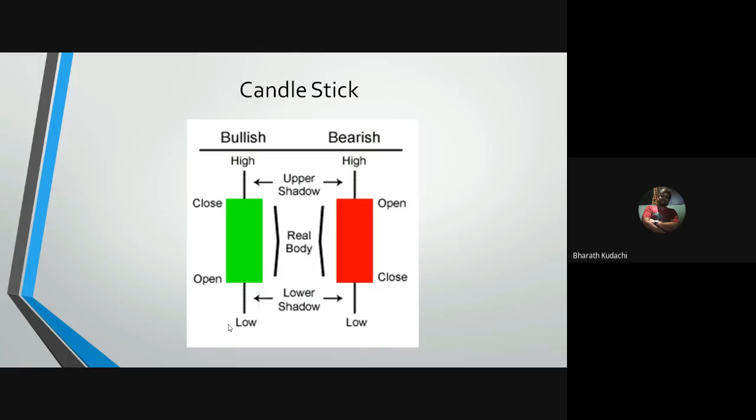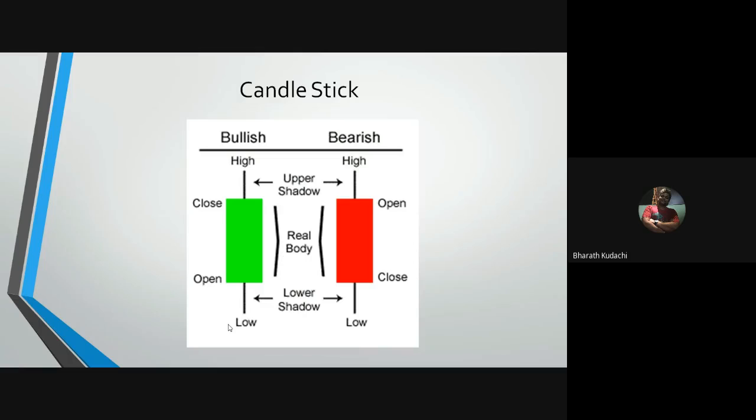It's the same scenario with bears. Why are the sellers called bears? Because when a bear wants to attack someone, it gives a tight slap downwards towards the ground, taking the person down. So the bull and bear together are there in the stock market.